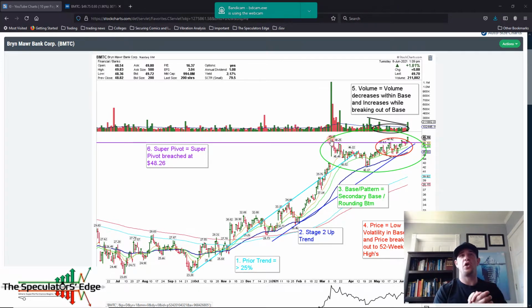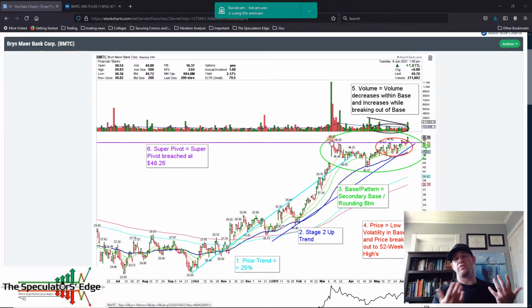Sometimes it can last longer than that, but practically a base is just a breather, where the price of the stock takes a breather and consolidates. You have buyers and sellers battling, and some short-term traders taking profits off the table, maybe some long-term traders there, but other than that, that's all a base is. It's just a breather within the major trend.